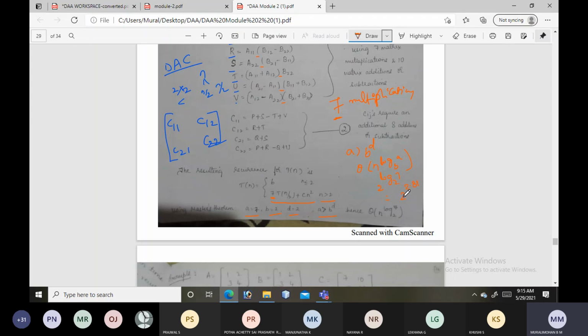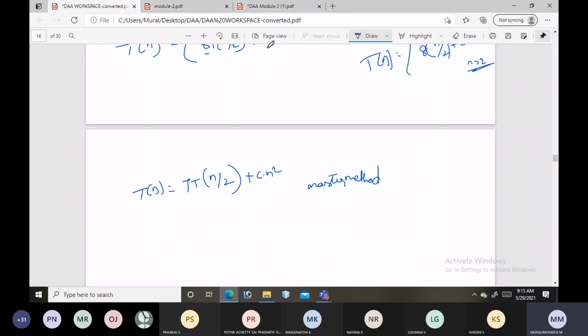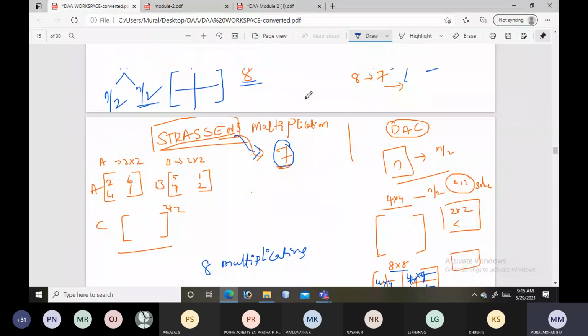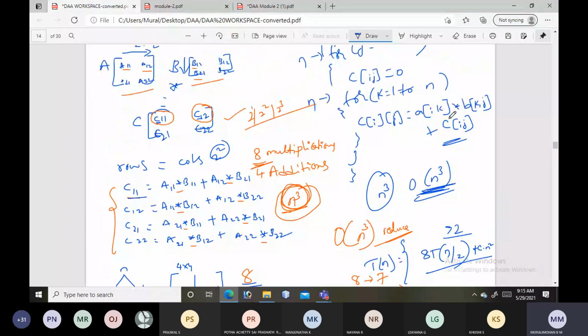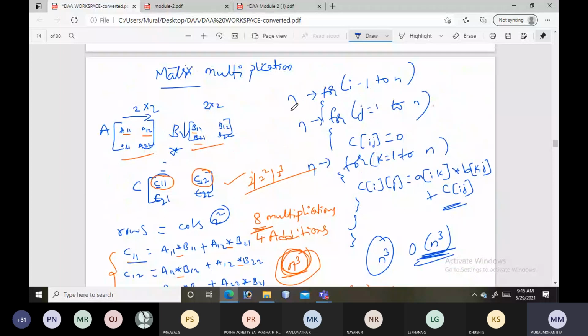Okay, just observe here. Previously it was n cube, right? Yesterday we calculated the time as big O of n cube. How did we get this n cube? This for loop takes n times, and the next for loop takes n times, and the next for loop also takes n times.